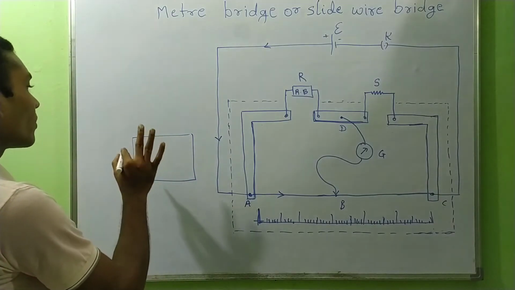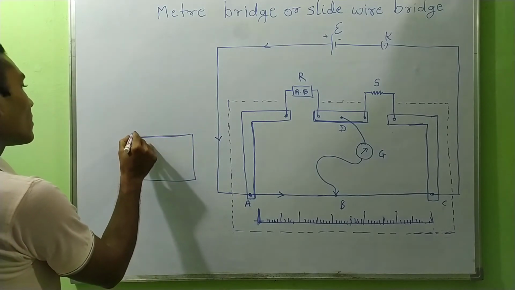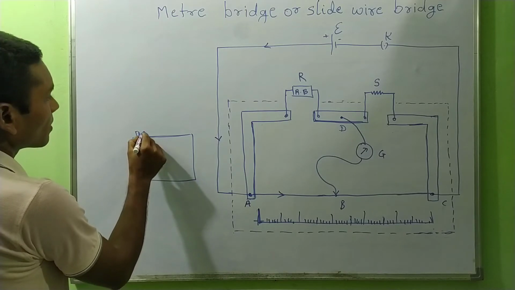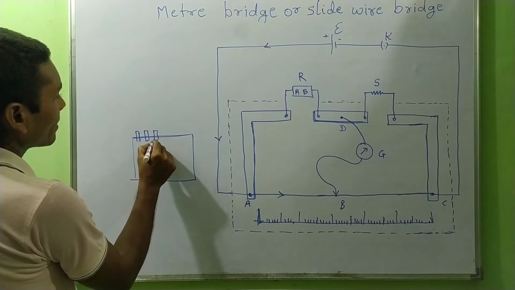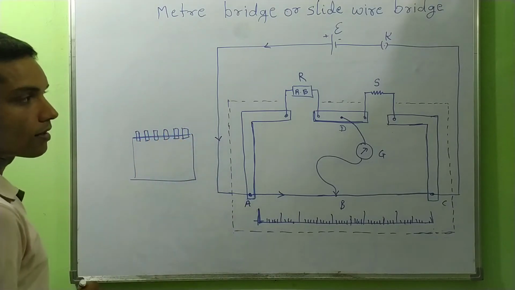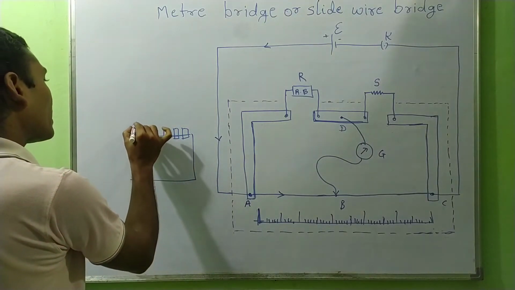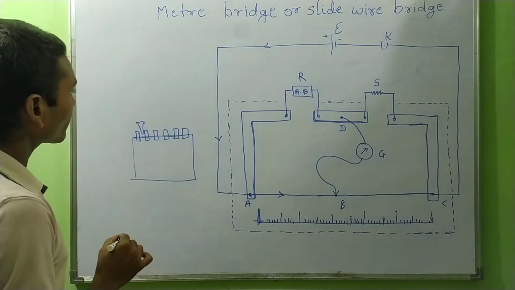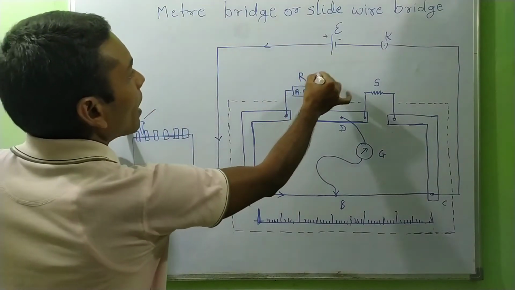Over the surface of the resistance box, many resistors are fitted like that. We can take out any resistance from this resistance box, and this will be the value of R.